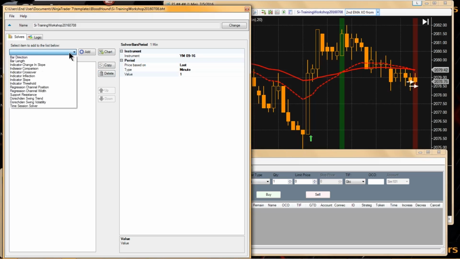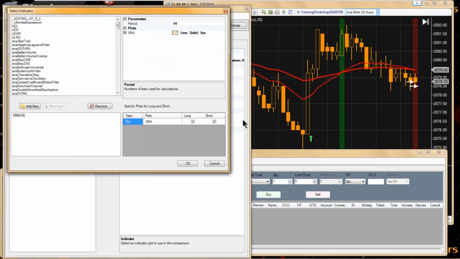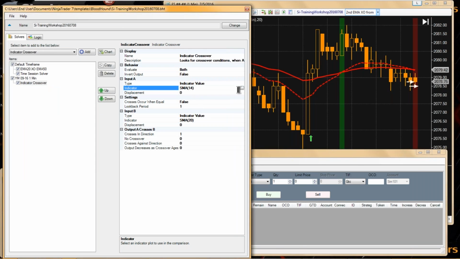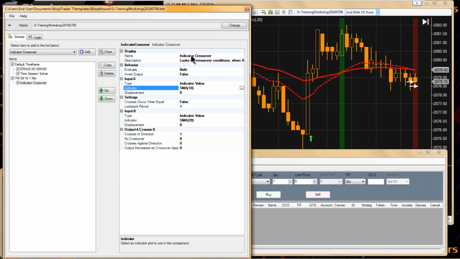So let's see. How about if we add a crossover solver. All right, so there's a crossover on the YM chart.